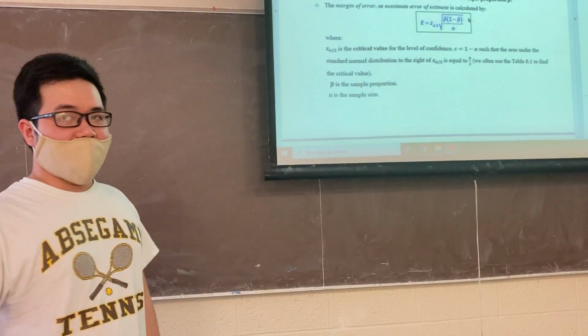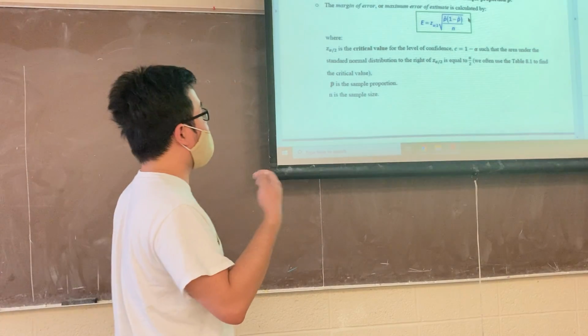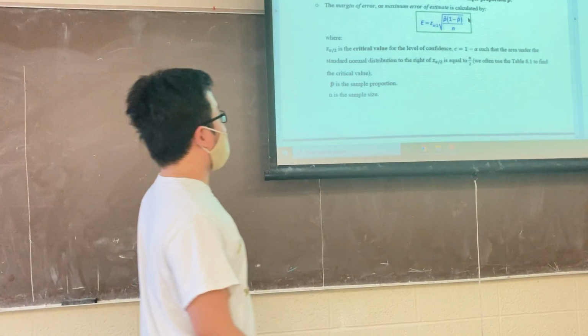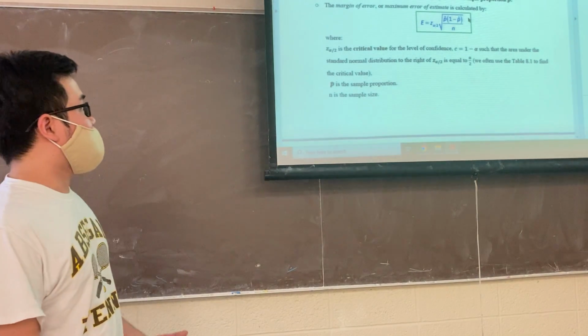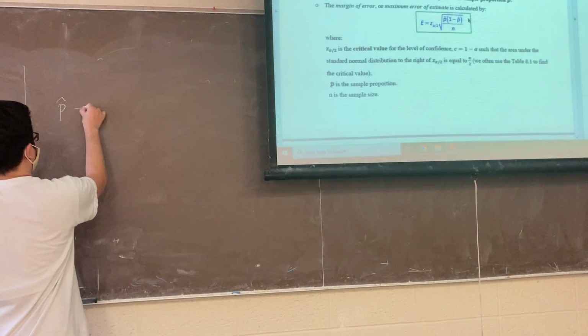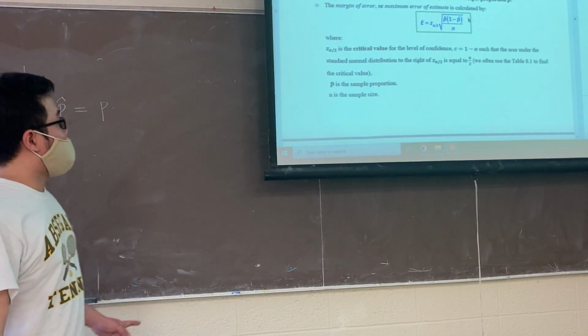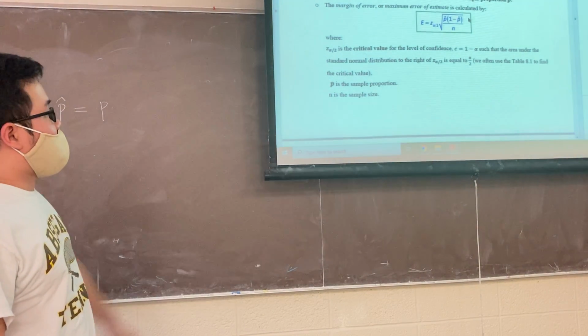If we have these three conditions, what will we get? We will get three things. The first thing is the point estimate. The point estimate is equal to the population proportion.